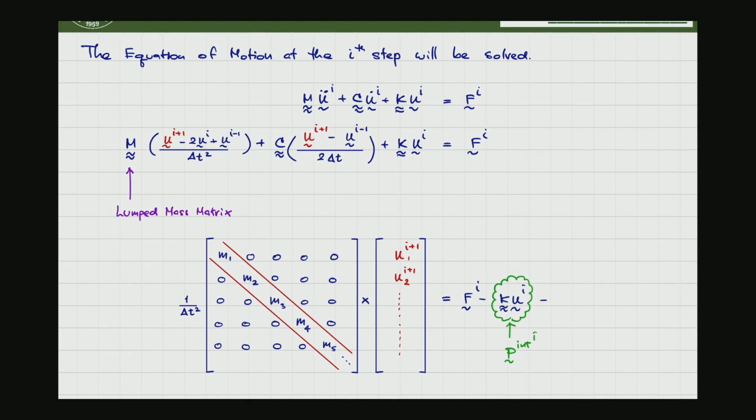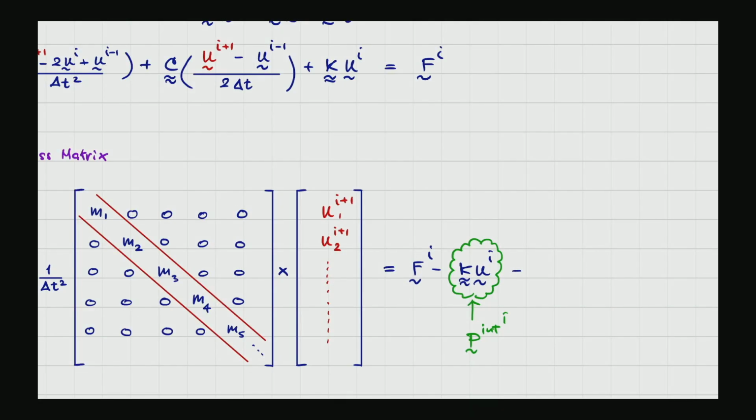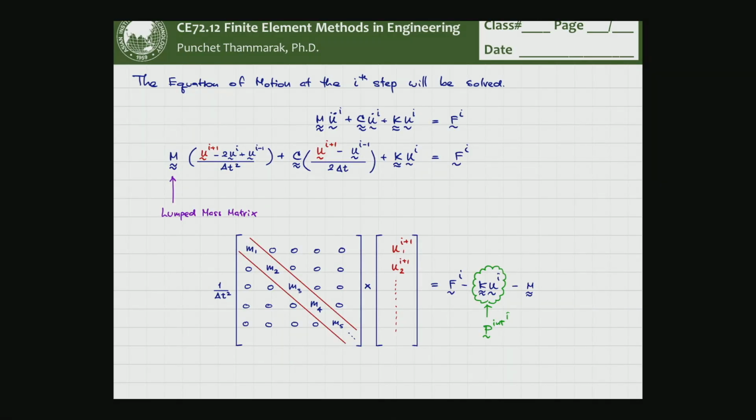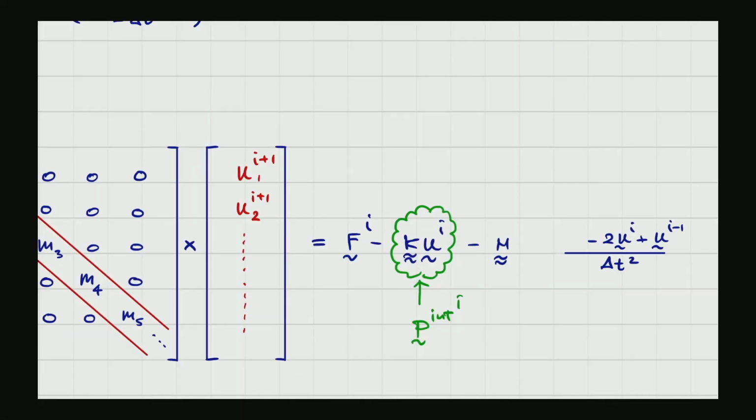So minus m times the, copy and paste. Okay, and it is like this.